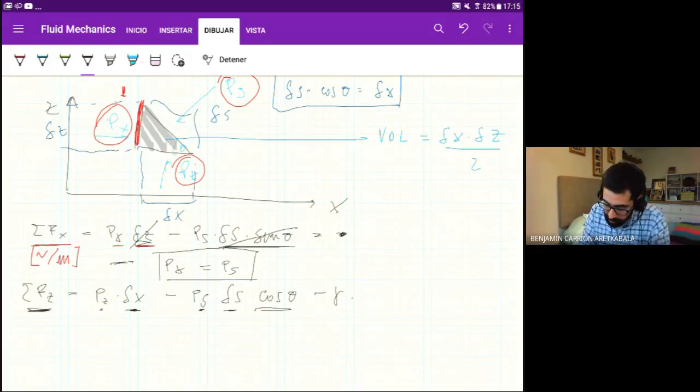And the volume is what we just said, is delta x delta z half, and this again should be 0.